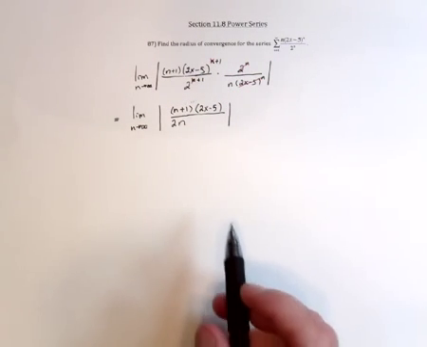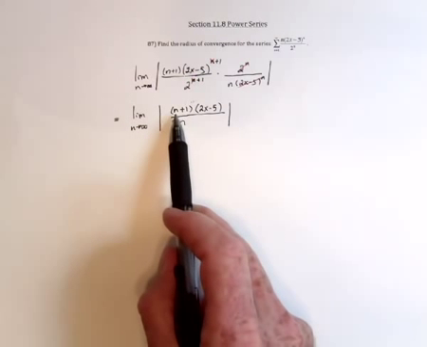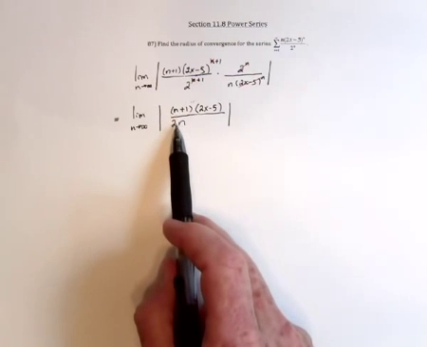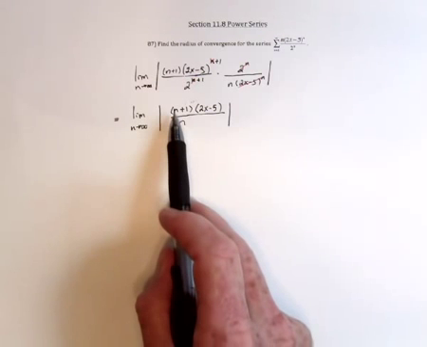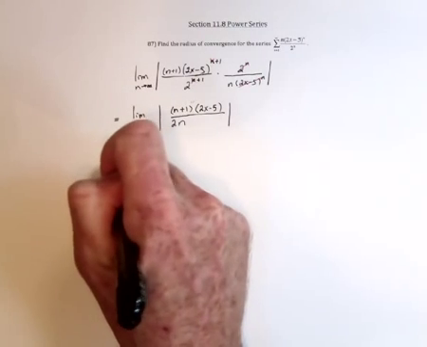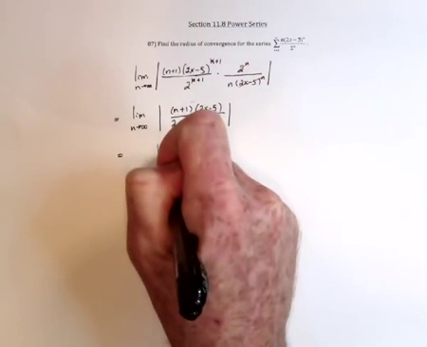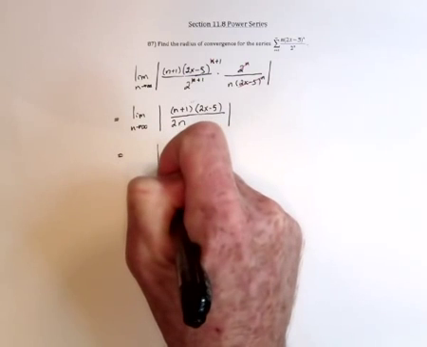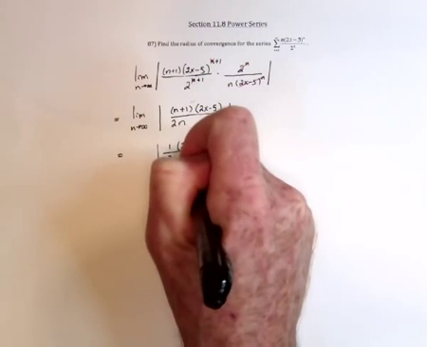Alright, now n is going to infinity, so we need to concentrate on this. This is basically n over 2n, which if you do L'Hopital's rule one time, this will become 1 and this will become 2. So we're left with the absolute value of 1 over 2, and then the 2x minus 5 is still there.